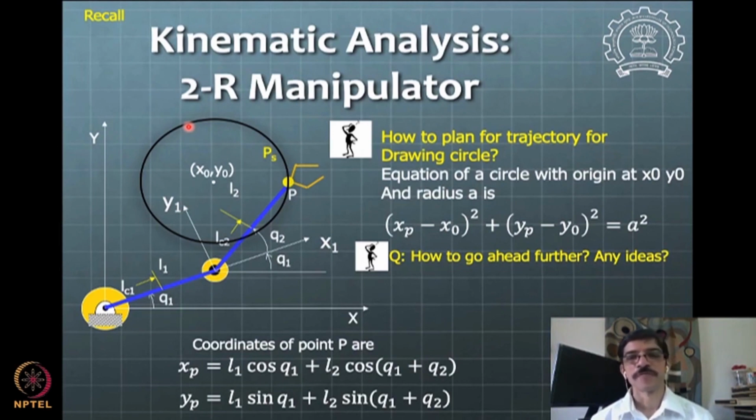Otherwise you'll get too conservative estimates. If you don't do the modeling completely, you can still give actuators that can function, but they may be far more than what is required. Okay, so I think we'll stop here.